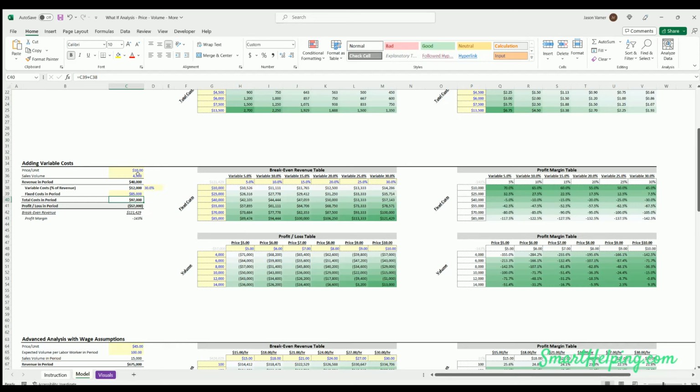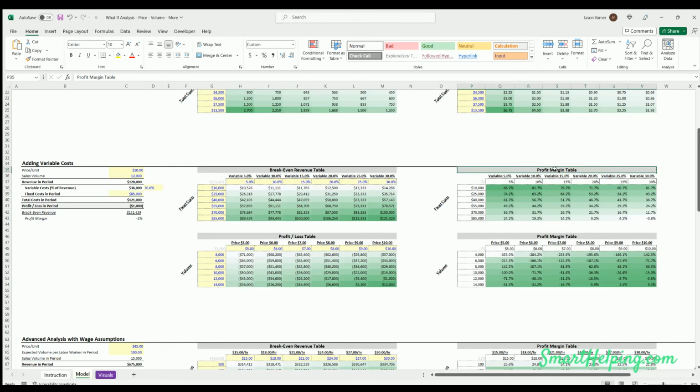And we're doing price and volume here. I don't have an exact figure, but you can see when we get 30% cost, 85 fixed cost, revenue's got to be around 121 in order to cover everything.